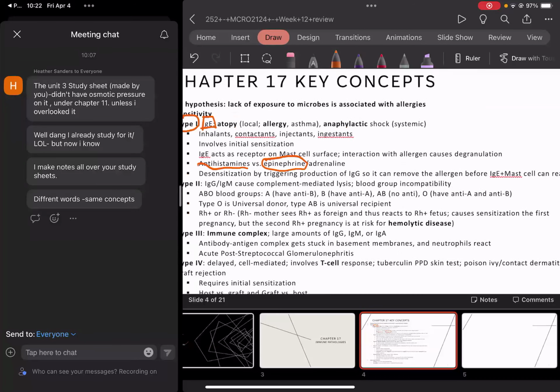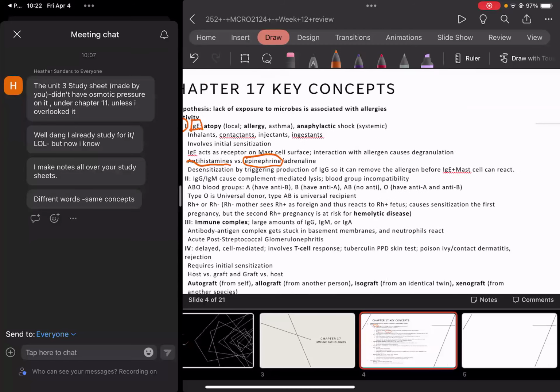We can also get rid of allergies by triggering IgG production against the allergen. IgG will bind with the allergen in a normal IgG response. So when your IgG sees chickenpox, you don't get chickenpox symptoms.